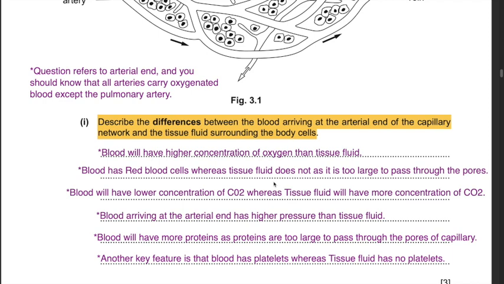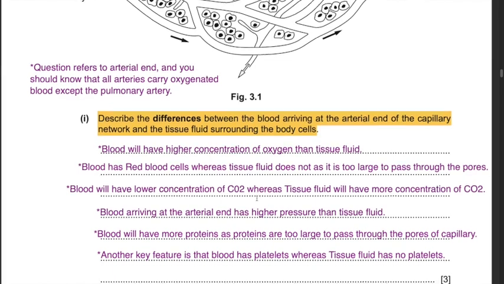And for the final point, I would say blood has red blood cells, whereas tissue fluid does not, because red blood cells are too large to pass through the pores of the capillary. Another point that should come into your mind when you think of the pores of the capillary should be blood will have more proteins, as proteins are too large to pass through the pores of the capillary, thus earning you 3 marks.